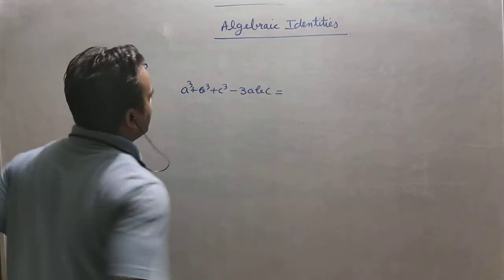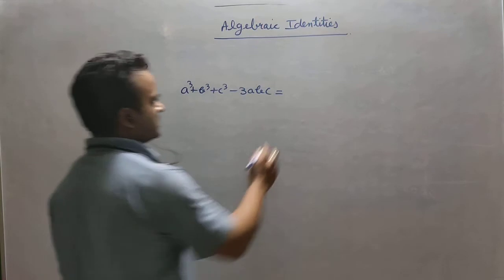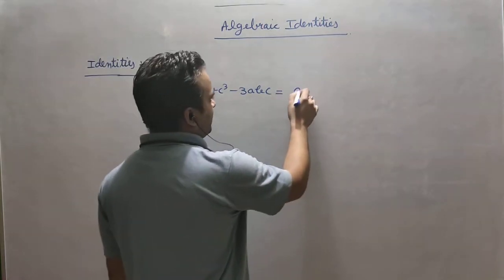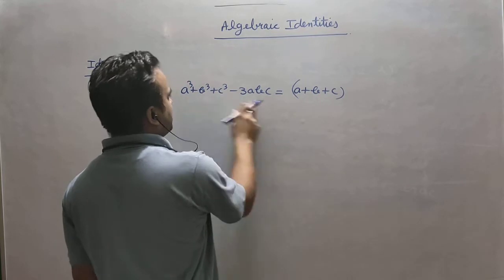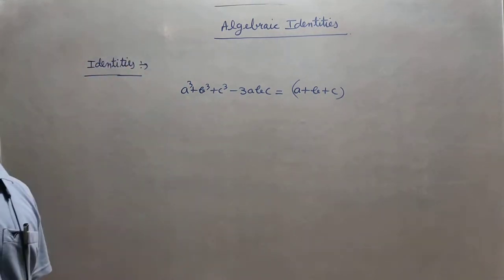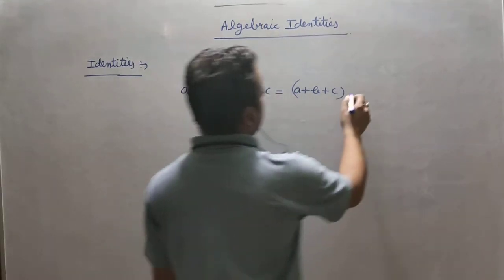Suppose I am having a question in this form. So how will you deal with these types of polynomials? These can be written in this form: (a plus b plus c), since there are three variables we are using, so we are adding all the variables together.